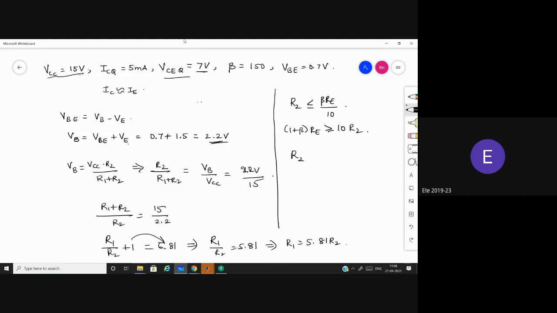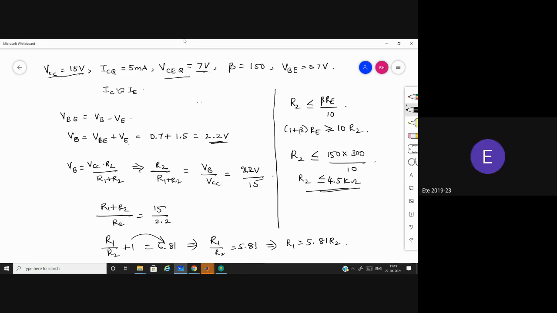So now substitute: R2 less than or equal to beta 150 into 300 divided by 10. So R2 is less than or equal to 4.5 kilo ohm.